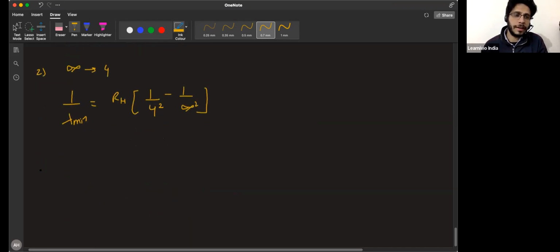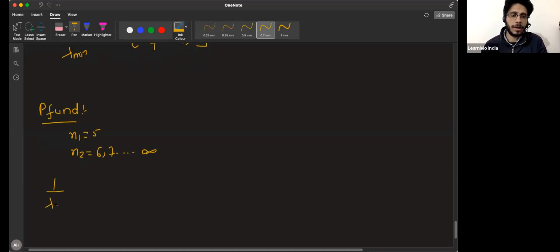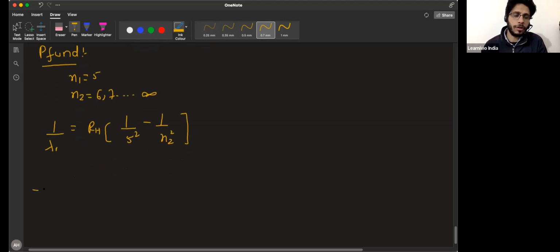After Brackett, the last one is the Pfund series. For the Pfund series, your N1 is 5, your N2 is 6, 7, and it goes up to infinity. So 1 by lambda is RH times 1 by 5 square minus 1 by N2 square. If you want maximum wavelength, then the transition is from 6 to 5.